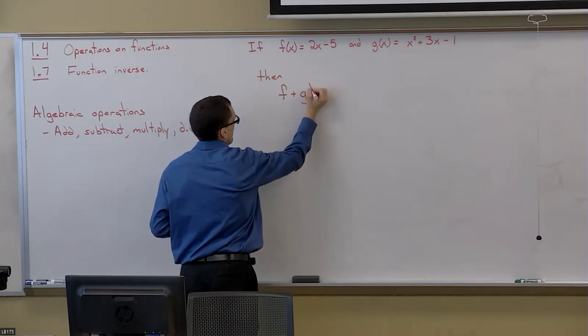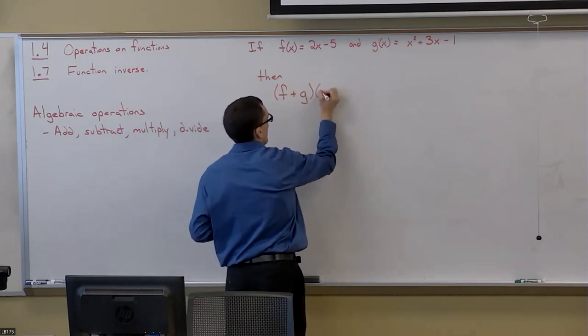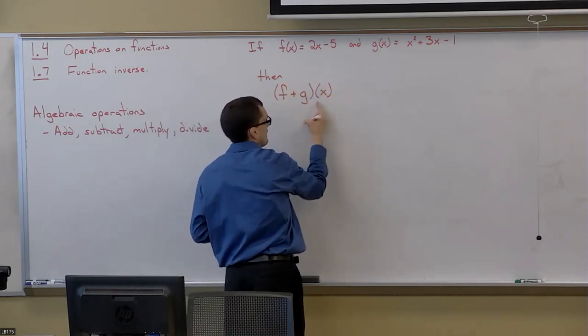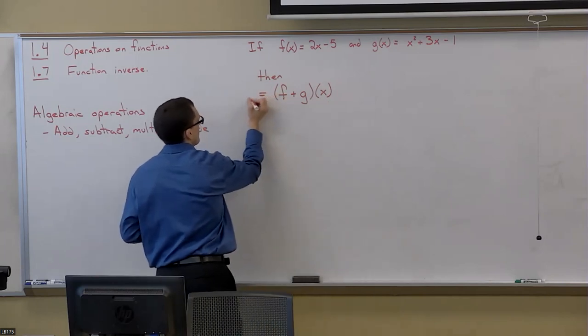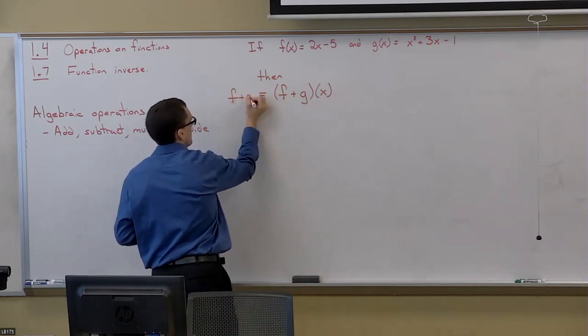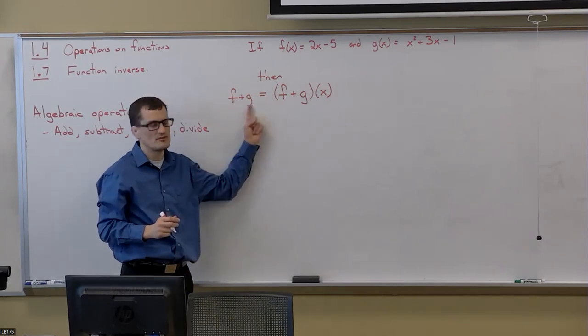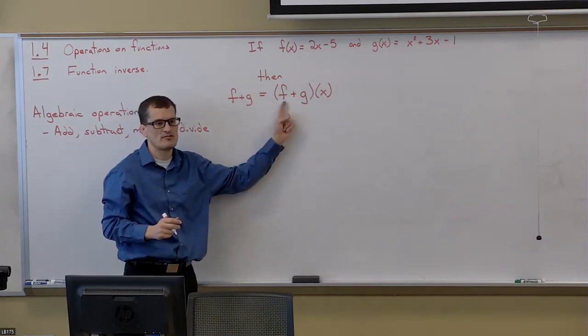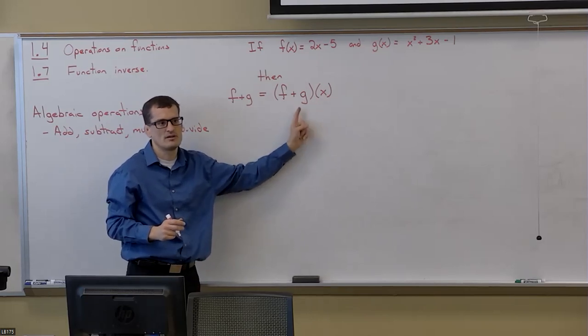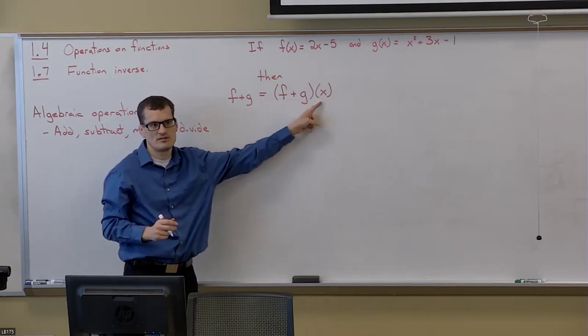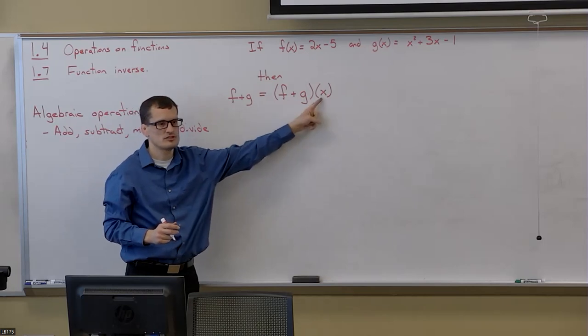Now there's two notations that you could see, either f plus g. Some people would say just f plus g equals. You see f plus g sometimes, or this notation, f plus g of x, to show that when you add two functions, you still get a function.